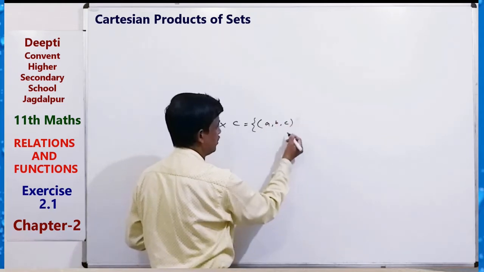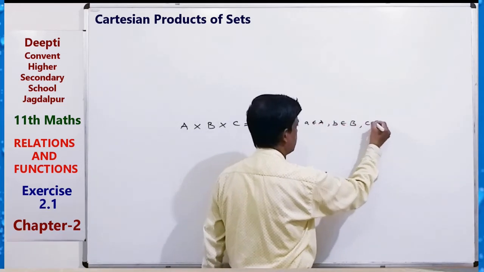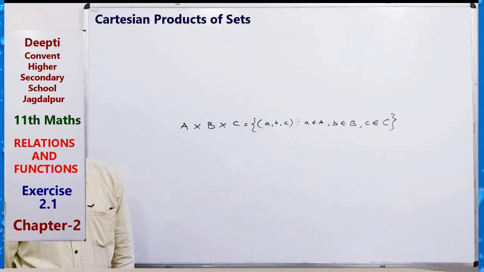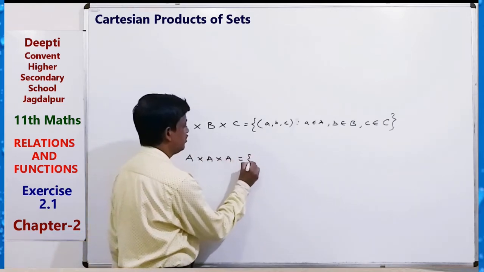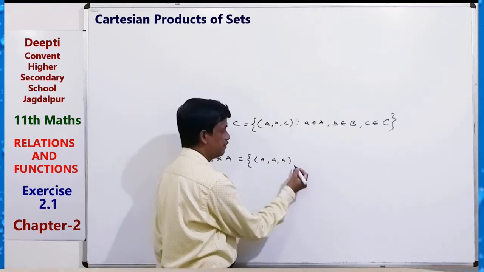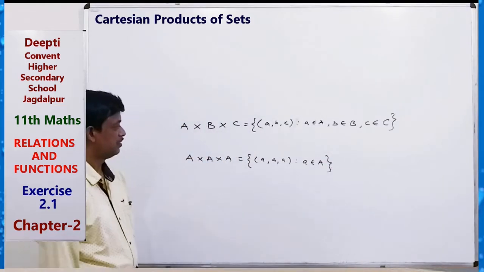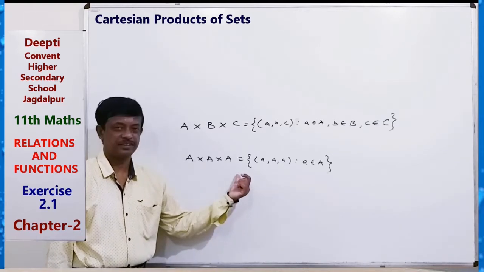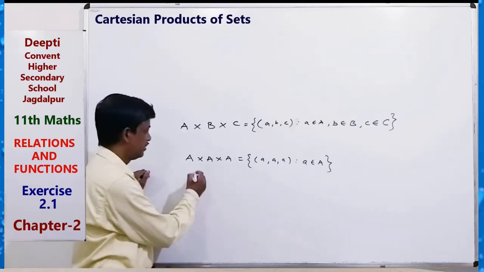This is called a triplet, where a belongs to A, b belongs to B, and c belongs to C. This is A cross B cross C. Clear? So we can write 3 elements from the sets. Clear?